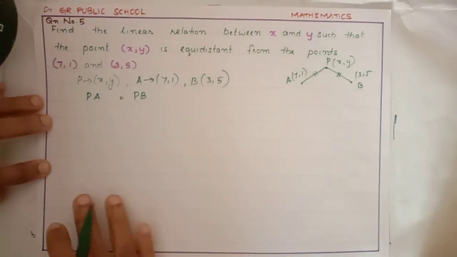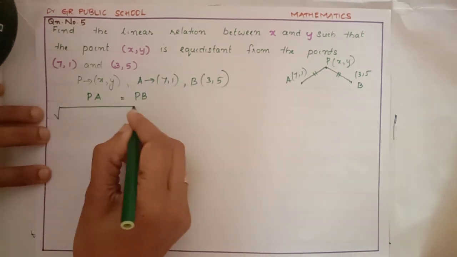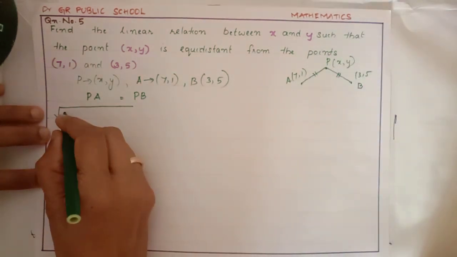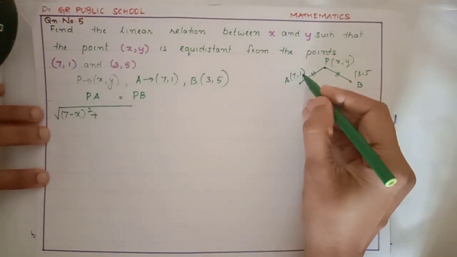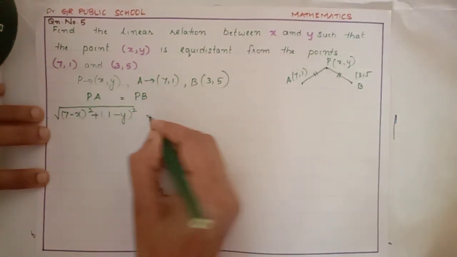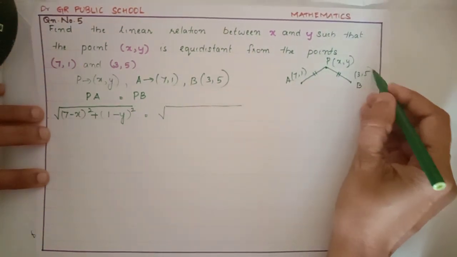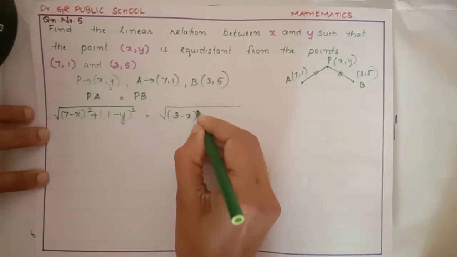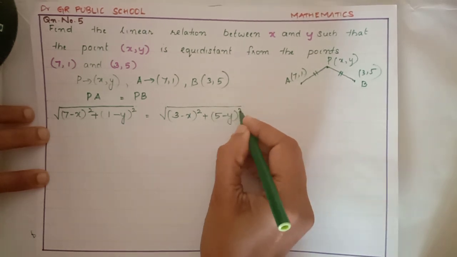Just simplification like previous questions. Square root of PA: x2 minus x1 the whole square, (7 minus x) the whole square, plus y2 minus y1 the whole square, (1 minus y) the whole square, equal to square root of PB: (3 minus x) the whole square plus (5 minus y) the whole square.